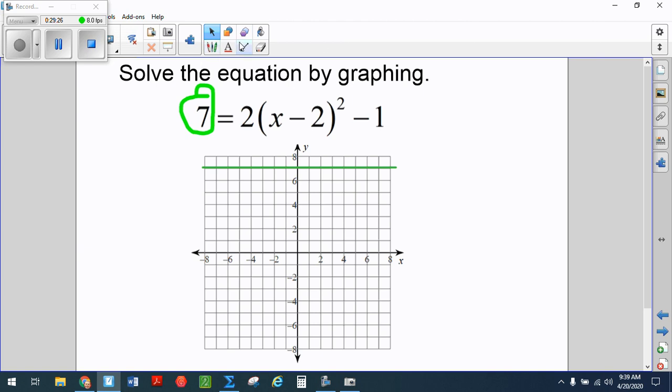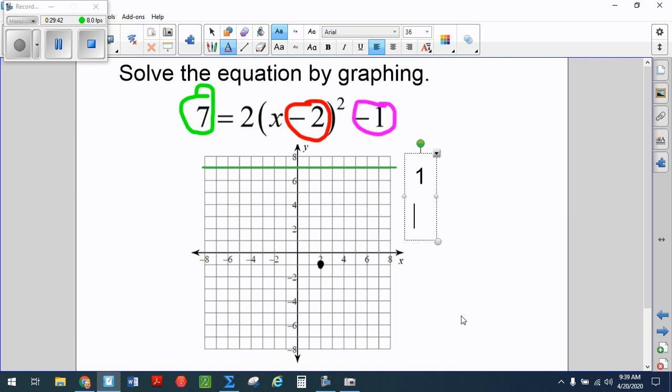Then you graph your quadratic the rest of the way you've been doing. This number inside tells me I'll be at positive 2. The number on the outside tells me I'll be at minus 1. So positive 2, minus 1 is my vertex. Then I would do a 1, 3, 5 pattern, but I'm multiplying that by 2.